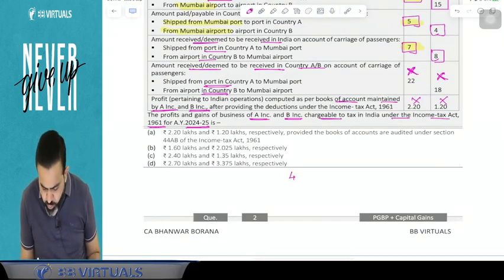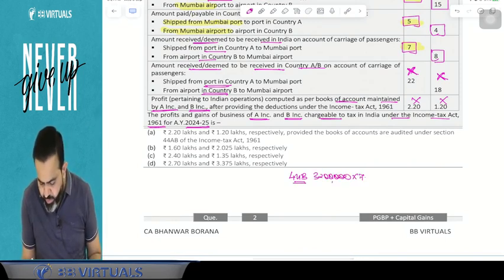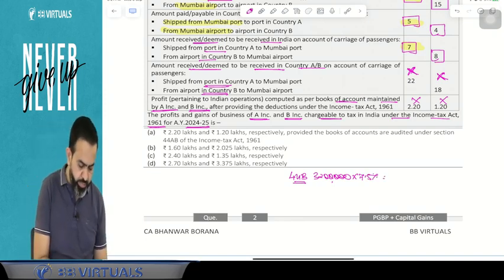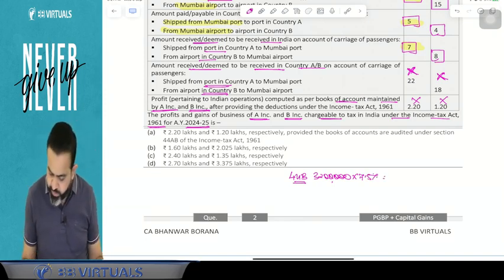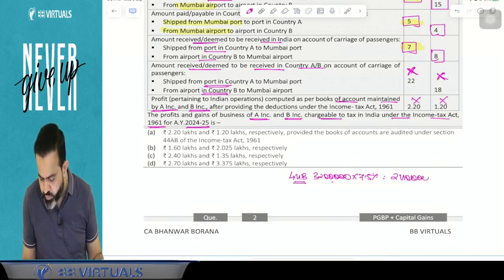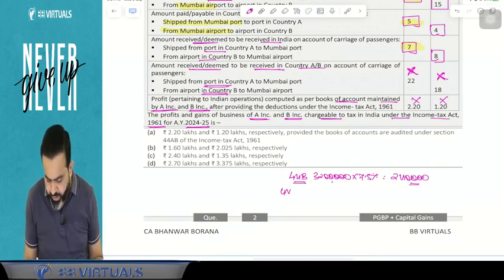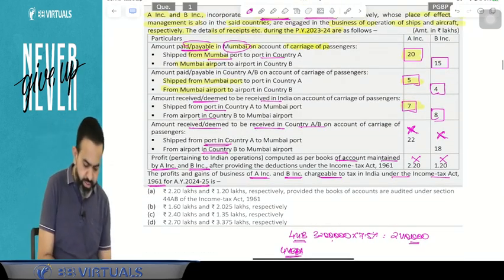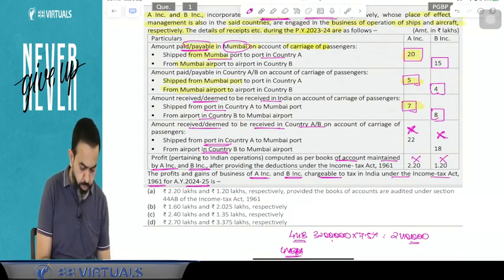And guys, in case of 44B for the shipping business, 32 lakh multiplied by 7.5% is your PGBP income. So here 7.5% comes to 2,40,000, which is your PGBP income. And in the case of the airlines, if you check, then guys there is 15 plus 4 plus 8.